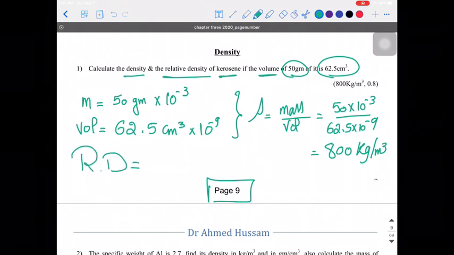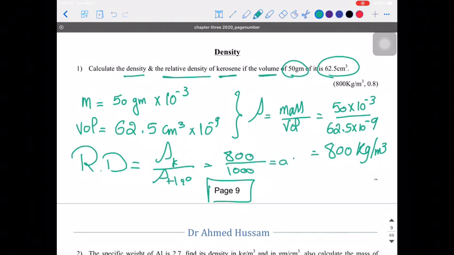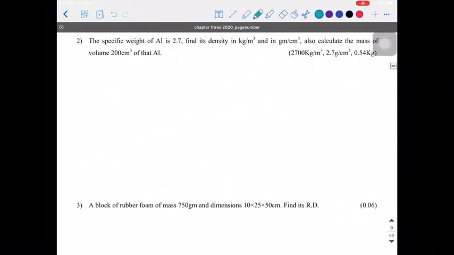And the relative density equals the density of kerosene over the density of water, which is 800, similar to that of the oil, over 1000, equals 0.8. If you want to read it again, please pause this video.